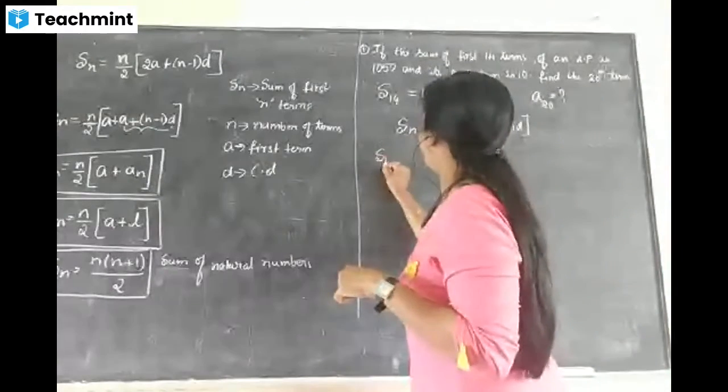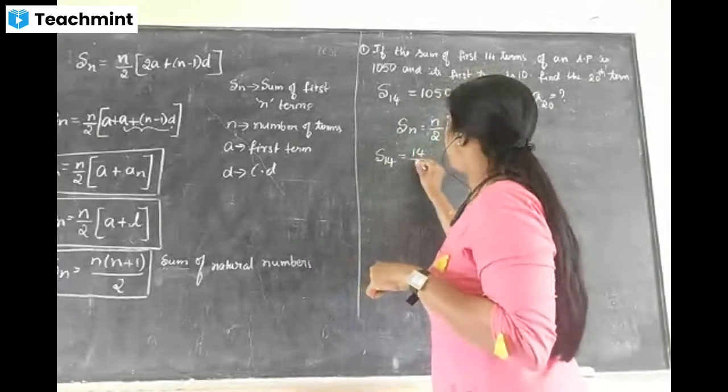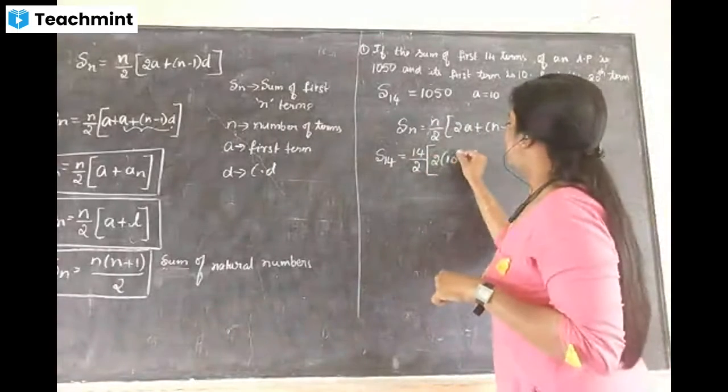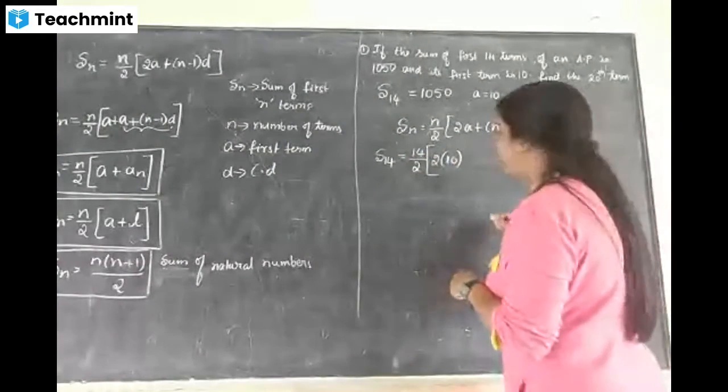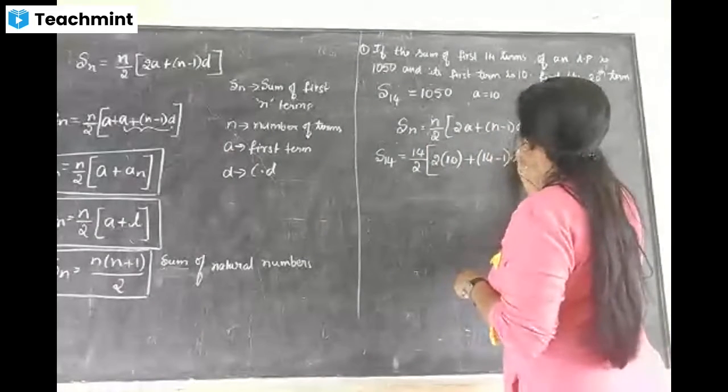Sn is nothing but S14. n value is 14 here. 2 into a, a value is 10 here, plus n is 14 minus 1 into d, we don't know.